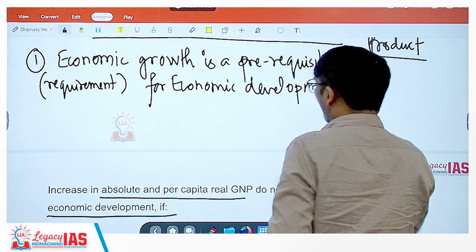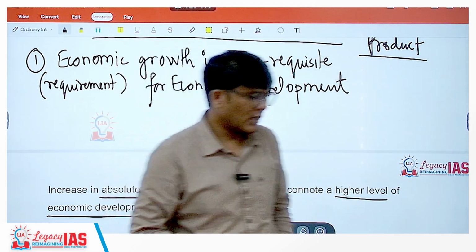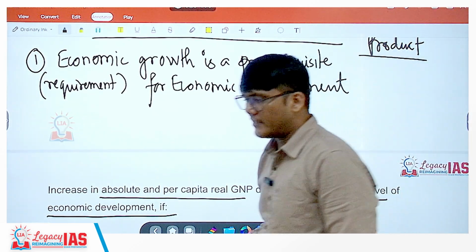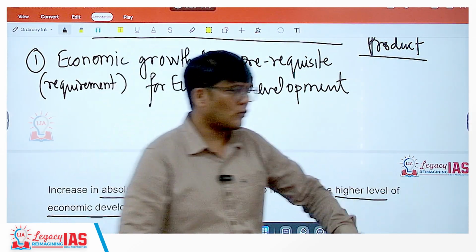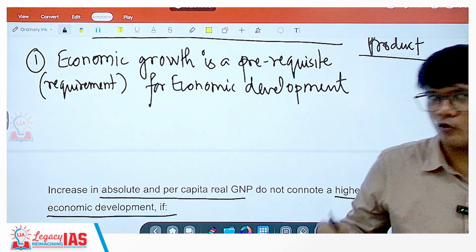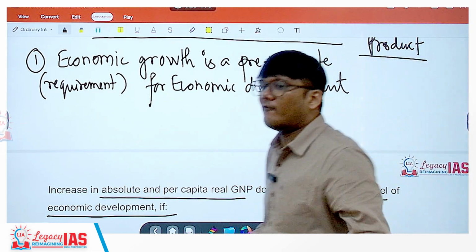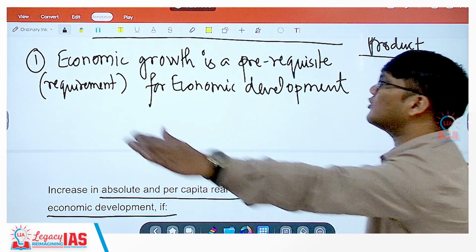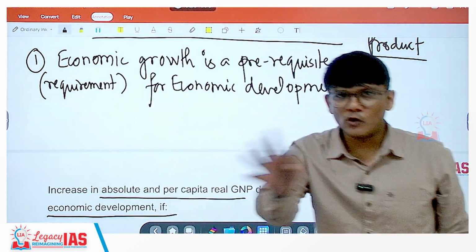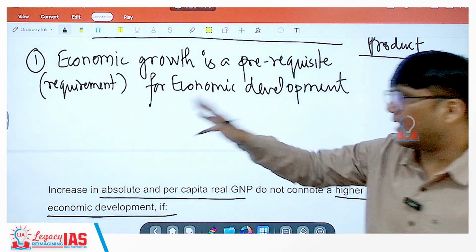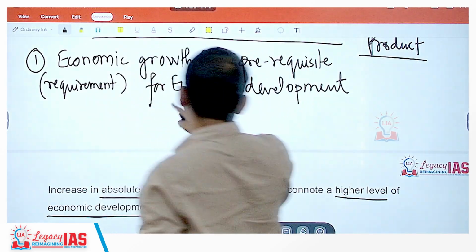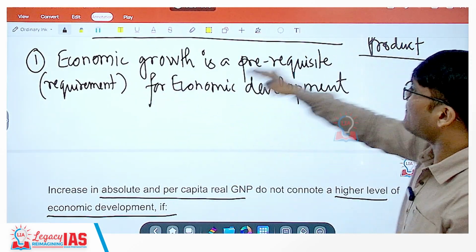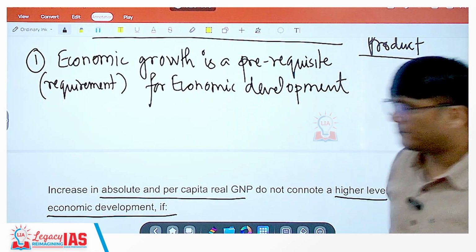See, when you are doing economic development, it includes increase in employment, increase in literacy, reduction in poverty. Now, how can you reduce poverty? Let's say you are giving some money, some cheap food, so on and so forth. Now, how can you do that? When you have some money to distribute. Now, how will you have money to distribute? When there is economic growth. So, to distribute money, you need to first have the money. Hence, for economic development, first you have to have the economic growth. So, economic growth is a prerequisite for economic development.